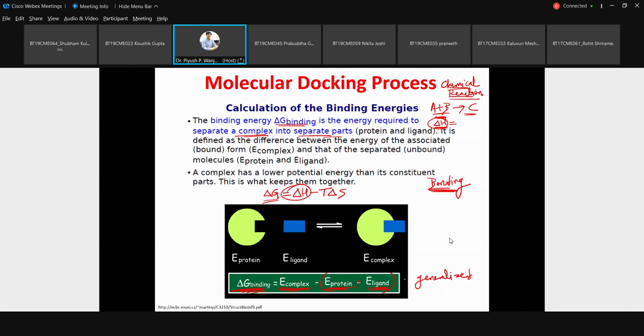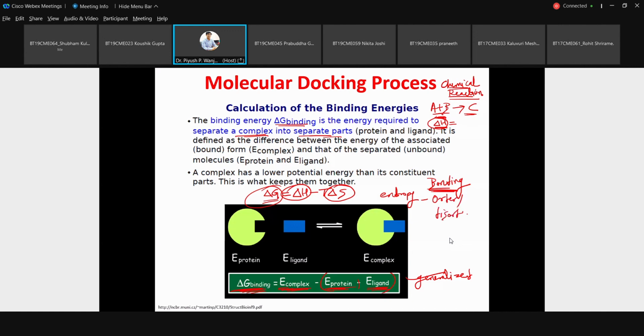So these equations can be made even more complex. And apart from that, I don't know whether you have studied this, but the delta S value also will come into the picture when you are talking about the delta G value. You might have an idea about entropy, that this is something related to the order and disorder of the system.